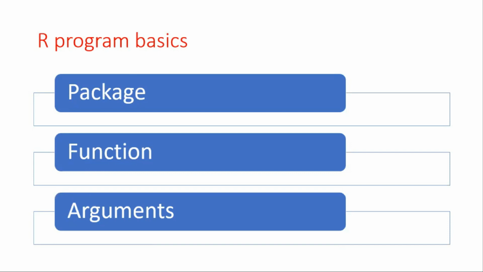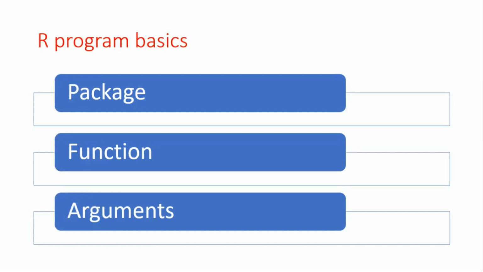And each function will contain some arguments. When you use any function directly, it will use the default arguments. But when you want some specific detail to be placed into the function, then you have to write the arguments inside the function. So this is basically what R is. It's very simple.